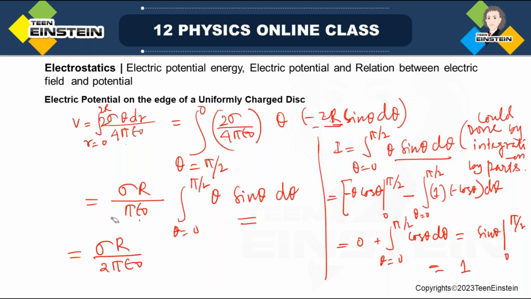Okay, so I had just skipped this 2. So this will be sigma r by pi epsilon naught. This is the value, and you can see that the value will always be constant on the surface, on the edge.